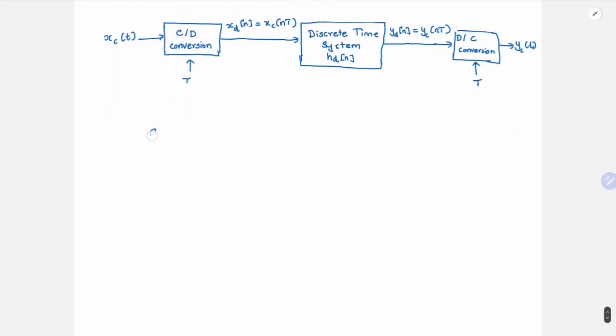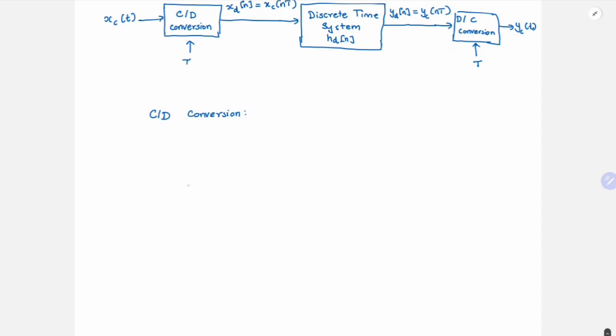Okay, the first is the continuous time to discrete time conversion. So in this, the block diagram is this way. So xc of t is there. I first do an impulse train sampling, right? And then I have my samples in terms of impulses, which is nothing but xp of t. And this I take and convert to discrete time.